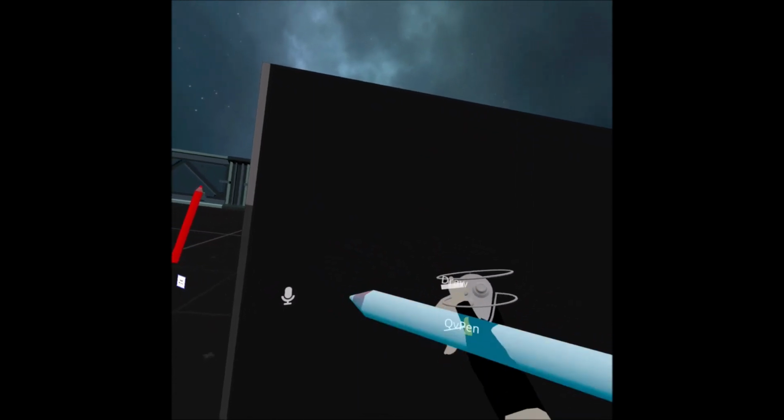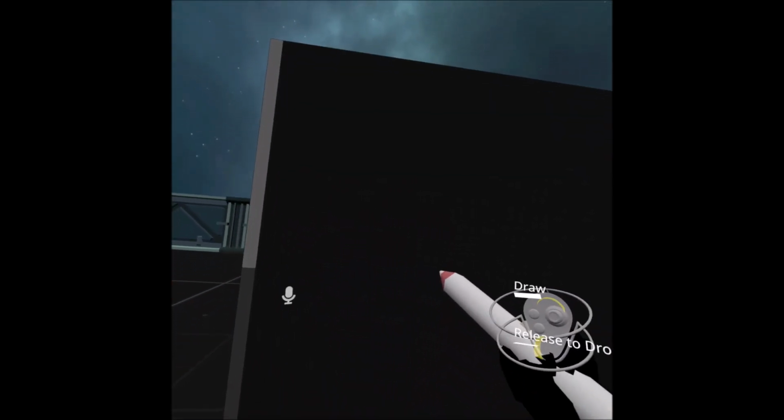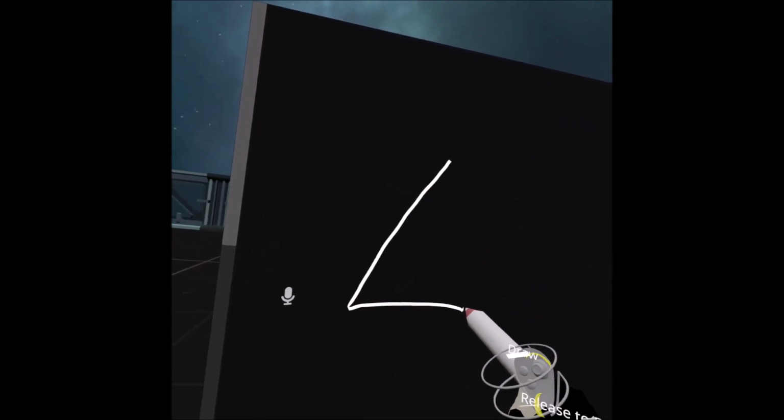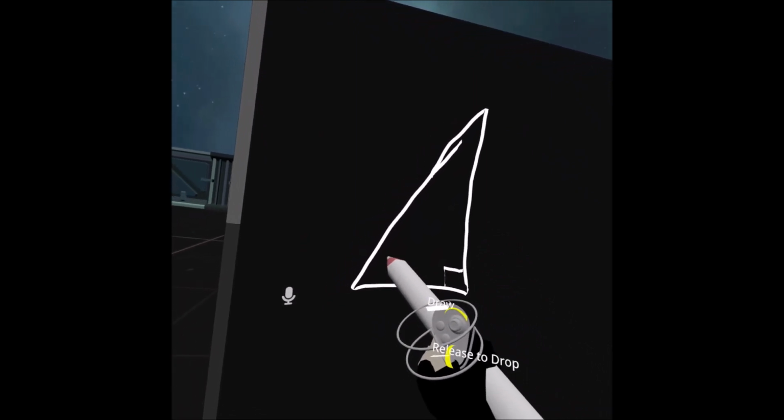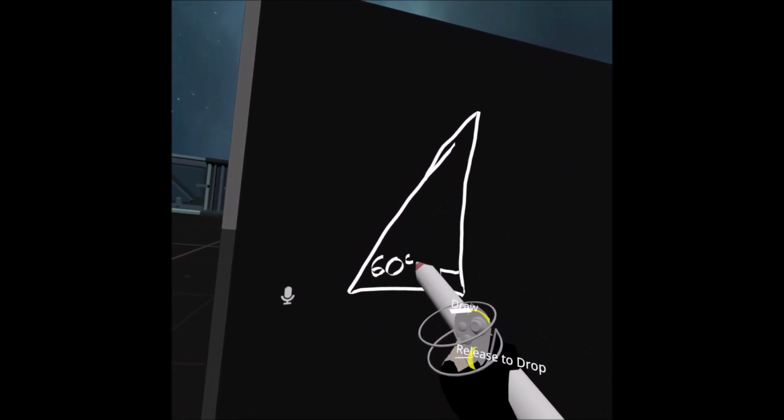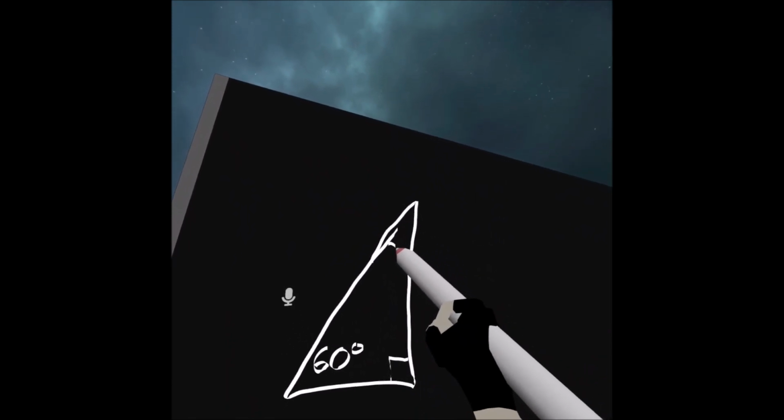Okay. The next special right triangle is the 30, 60, 90 triangle. This is 60 degrees, and this is 30 degrees.